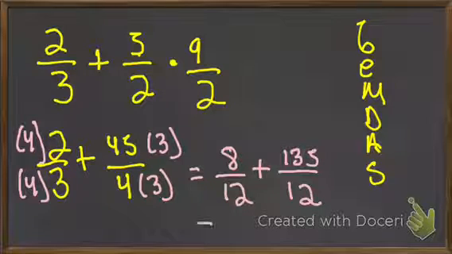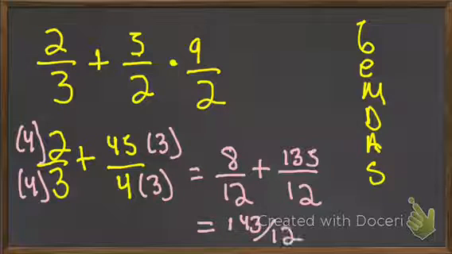And then we're simply going to add the numerators, 8 plus 135, and that gives me 143 over 12. Now I have to ask myself if 143 over 12 reduces to something. It's a big number. I don't think it reduces, but I do know we can switch it to a mixed number.